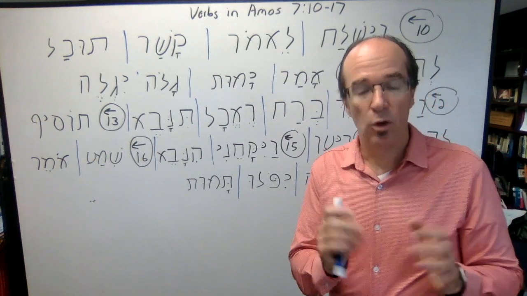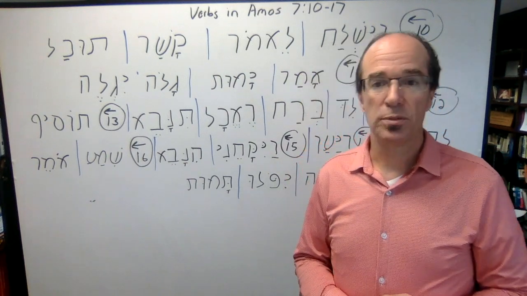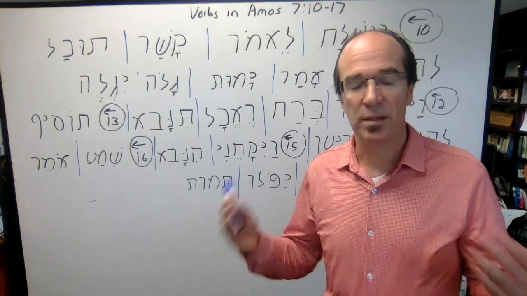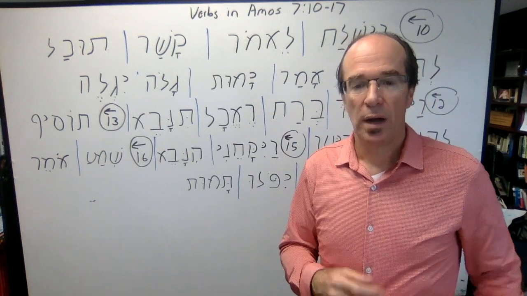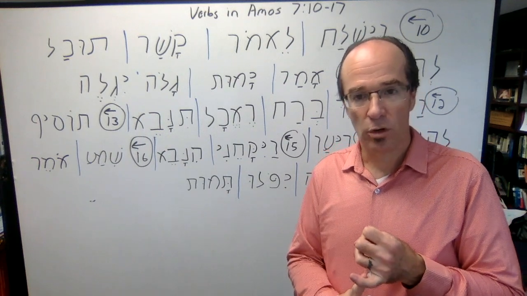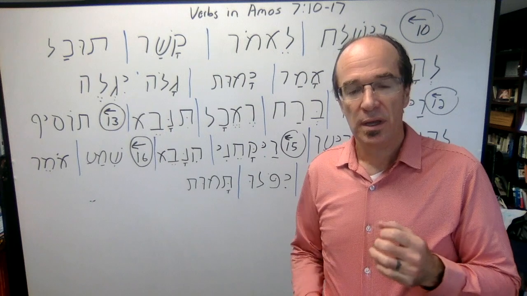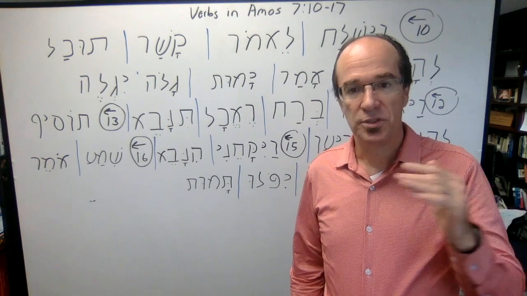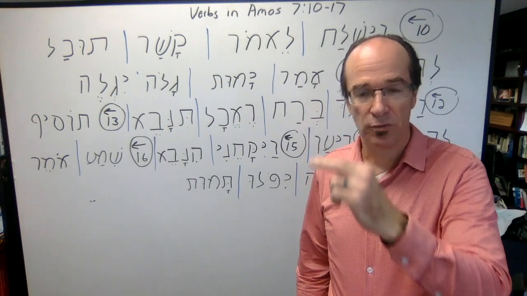So again, the key for being able to parse verbs effectively, and thus be able to enjoy reading Biblical Hebrew, is know your basic forms of the verb in all of its stems and in all the different verbal types.